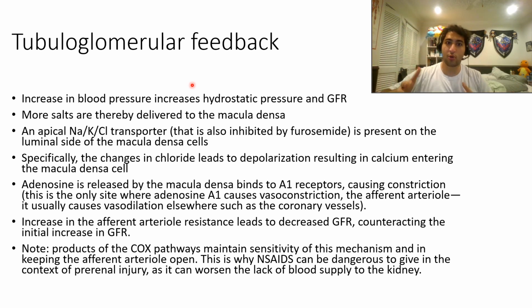That change in the chloride leads to depolarization, and that leads to release of adenosine, and adenosine will cause vasoconstriction of the afferent arteriole through its A1 receptor. Usually adenosine causes vasodilation. This is a rare exception of adenosine causing vasoconstriction through the A1 receptor. So that constriction of the afferent arteriole decreases the GFR, and that counteracts your initial increase.